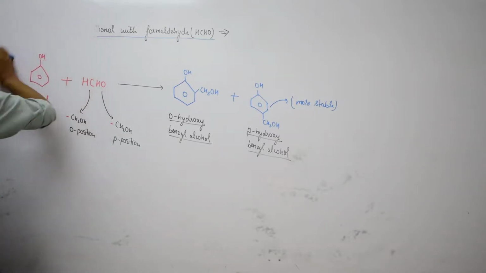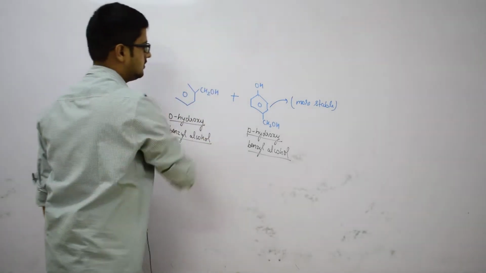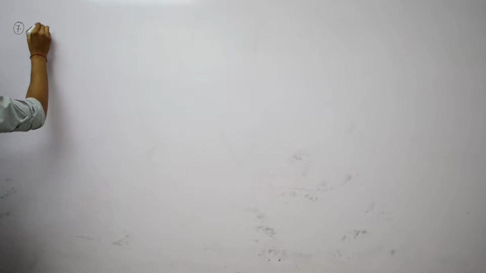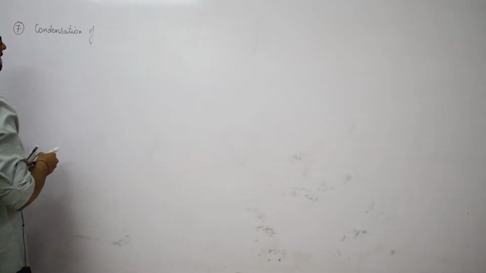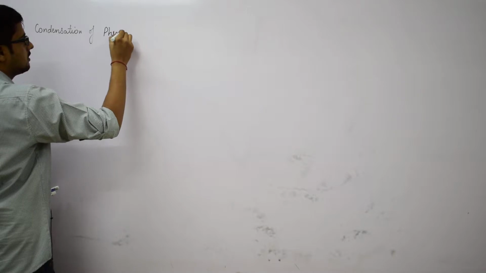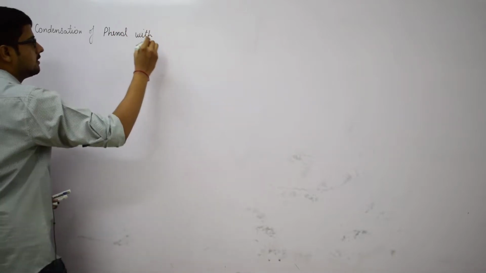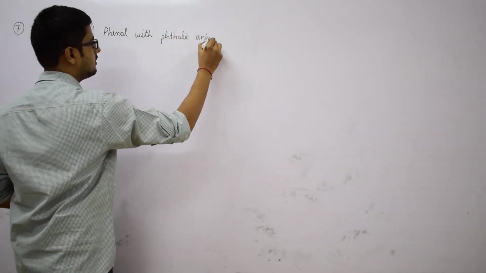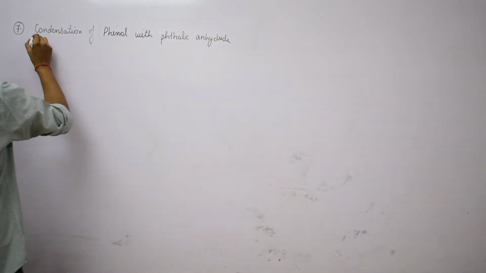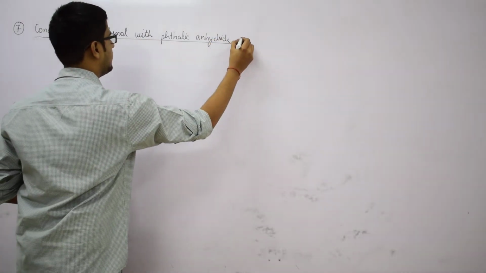Fine. So, let us move to the next reaction, that is the 7th reaction, the condensation of phenol with phthalic anhydride.